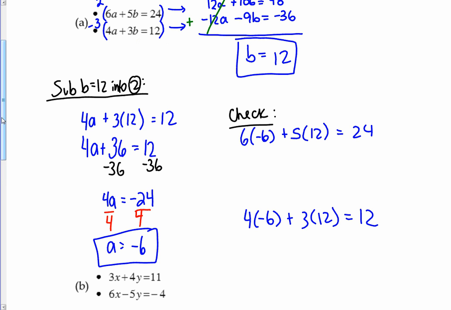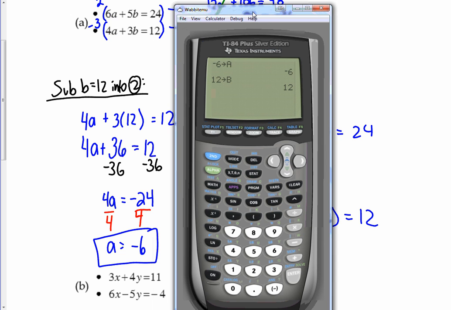Always use the original when you're checking. 6A plus 5B, and that equals 24. And then 4A plus 3B, alpha B, and that should equal 12. There it is. Okay.